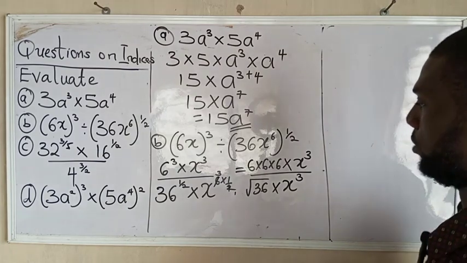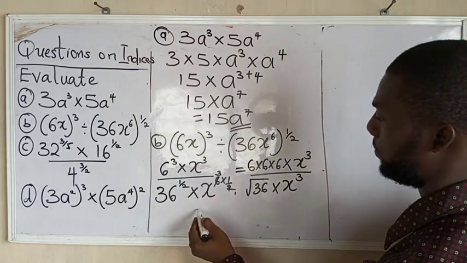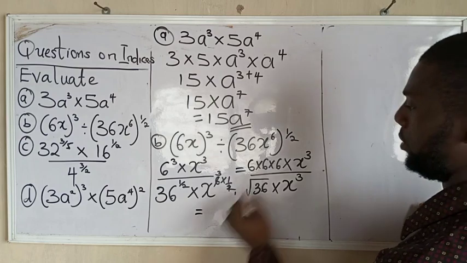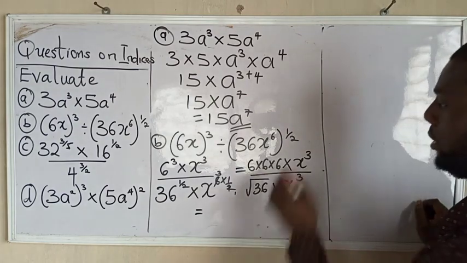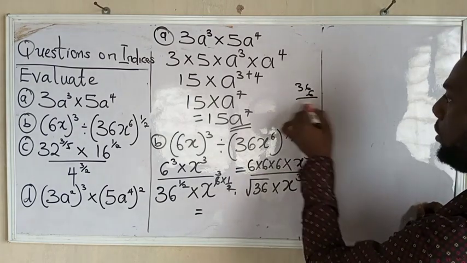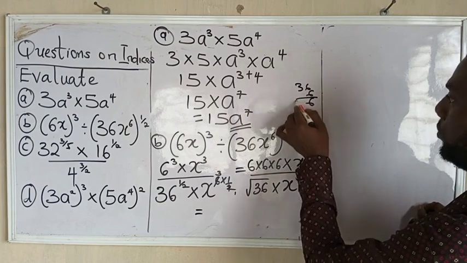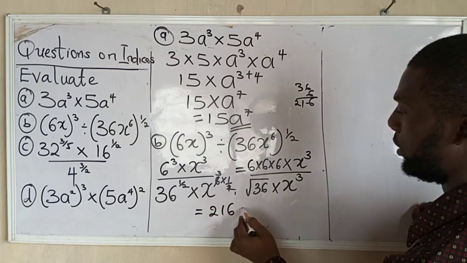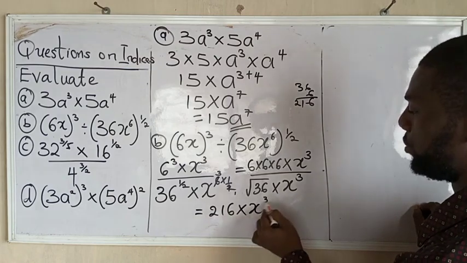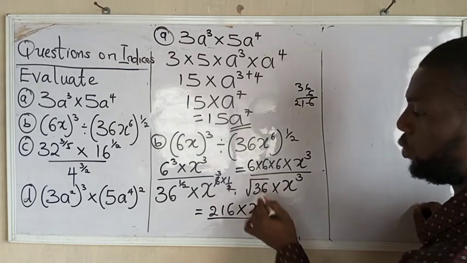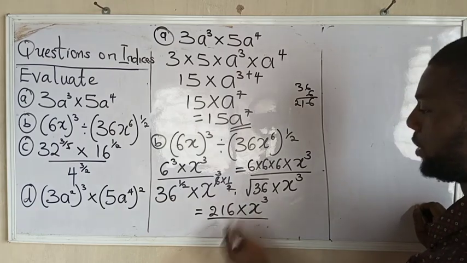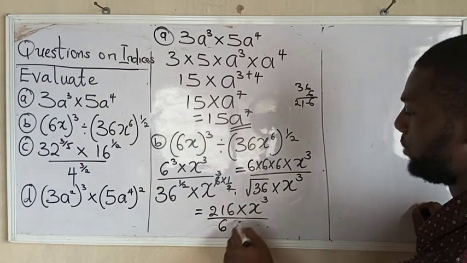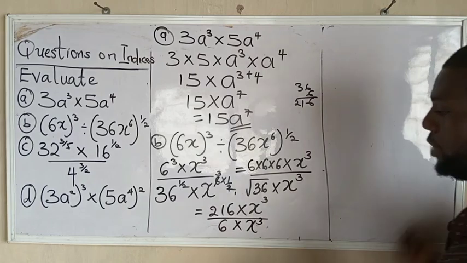Now, I can proceed by saying 6 times 6 is 36, and 36 times 6 is 216. So I will say 216 times x raised to power 3, divided by, we automatically know that the square root of 36 is 6 times x raised to power 3.